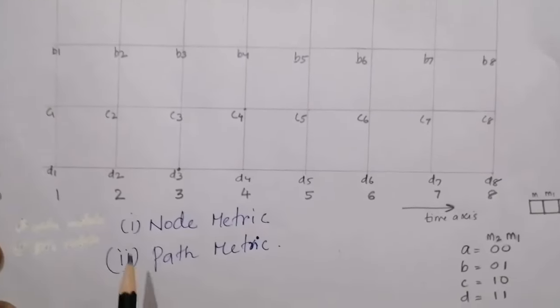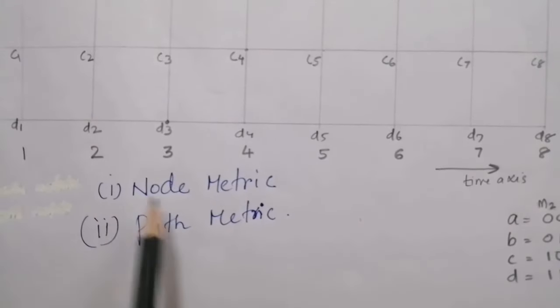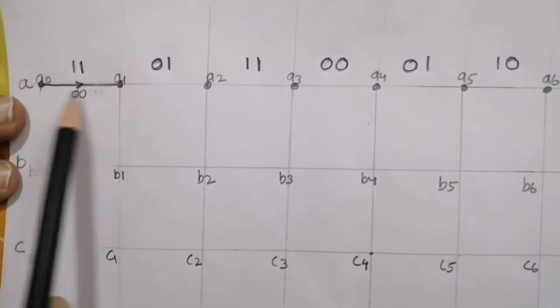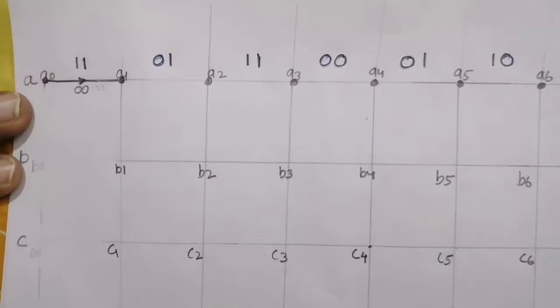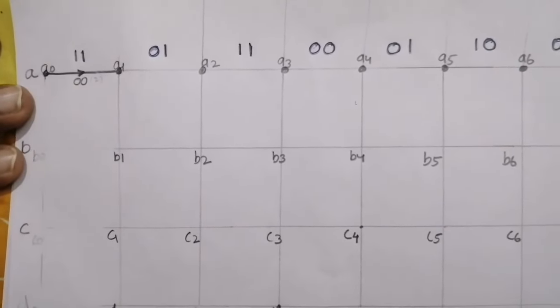Now we define two parameters, namely node metric and path metric. What is node metric and what is path metric? Path metric is the discrepancy or the difference between the coded sequence and the received sequence, that is, how many bits these two sequences differ in.